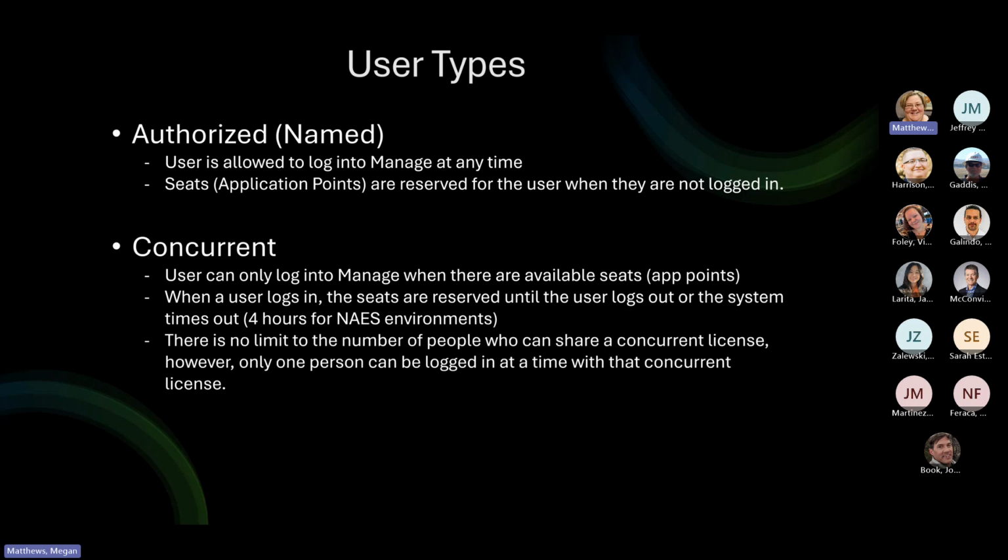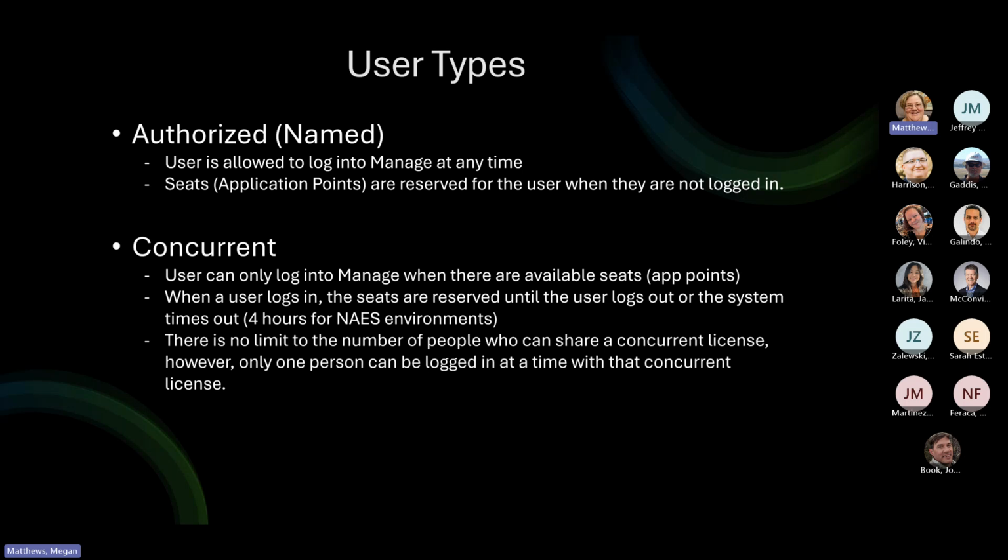So there are 2 types of users in Maximo. The first is what they call authorized. We used to call this named. We kind of use it interchangeably. Named is a little more understandable, I guess, than authorized, the way that IBM identifies it. But an authorized or named user is assigned their own license.